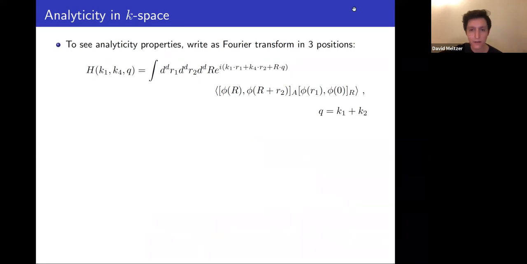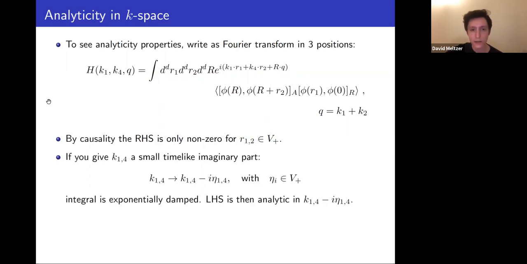And here I'm just going to cite some standard arguments from Streater, Wightman, and Haag's textbook. So the idea is, from causality, I know that this double commutator is only non-zero if R1 and R2 lie in the forward light cone. And here R is just the total separation between the two pairs.